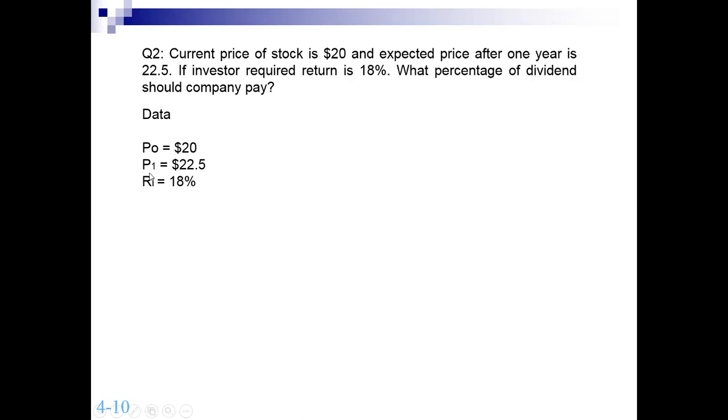See that investor required return is 18%. What percentage of dividend should the company pay? When investor required return is given, it means we can again use this formula. The question is providing you help: investor required return is already given, 18%.